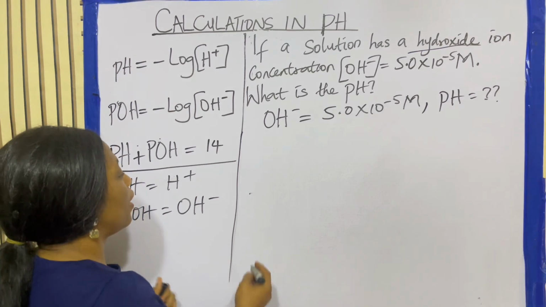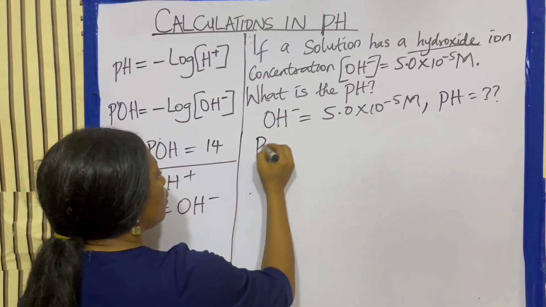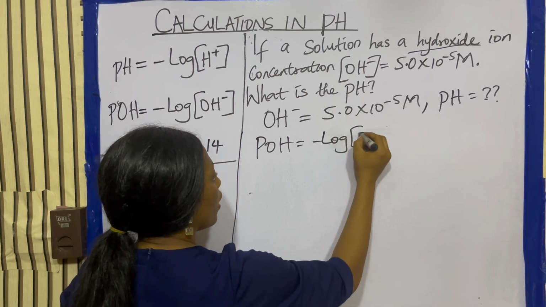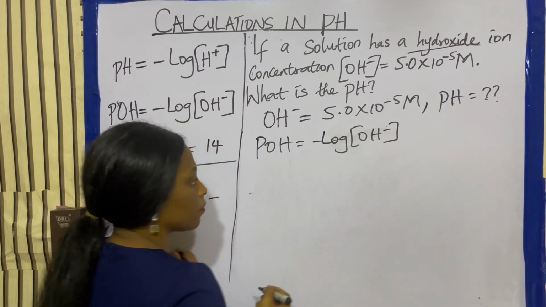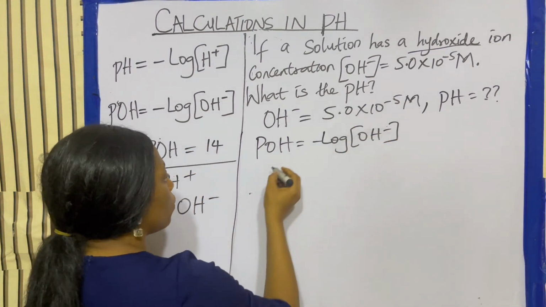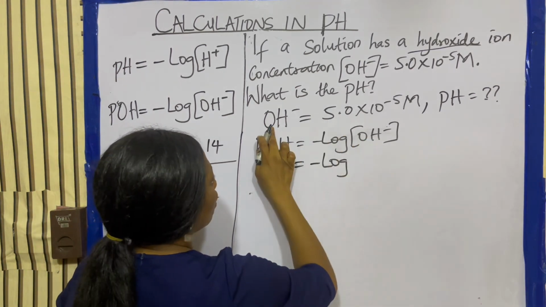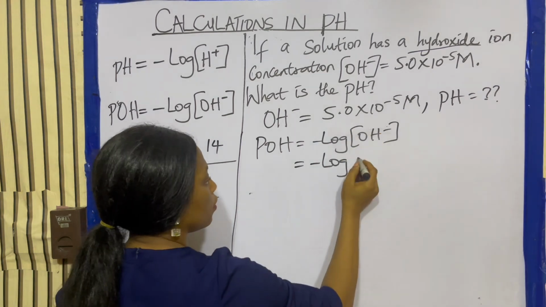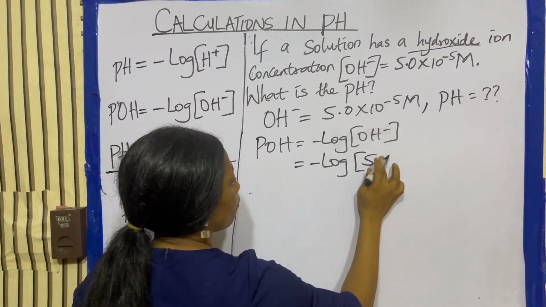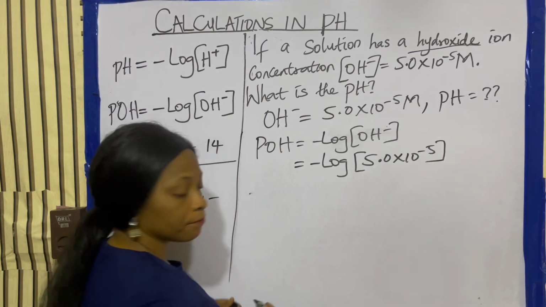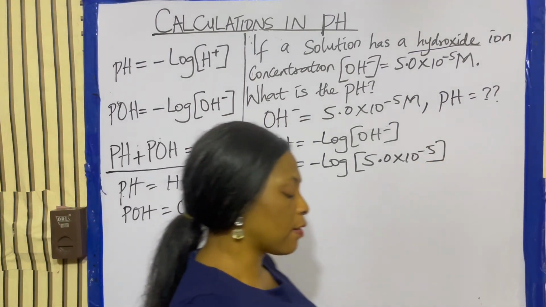So let's solve. pOH is equal to minus log hydroxide ion concentration. Wherever you see OH, you substitute it with this: 5.0 times 10 raised to power minus 5. So let's press our calculator.